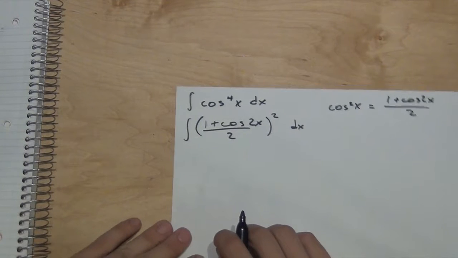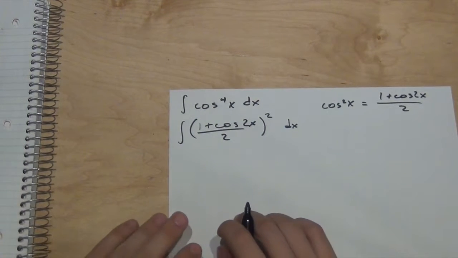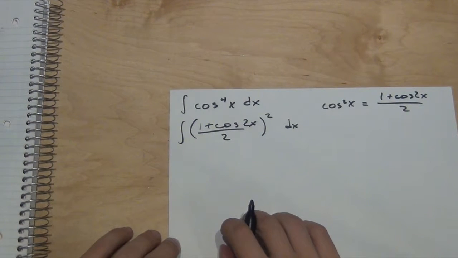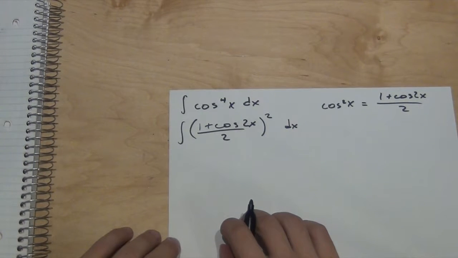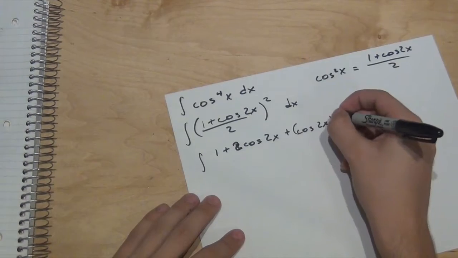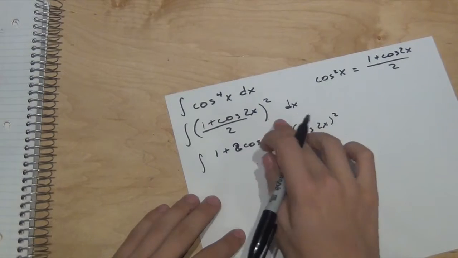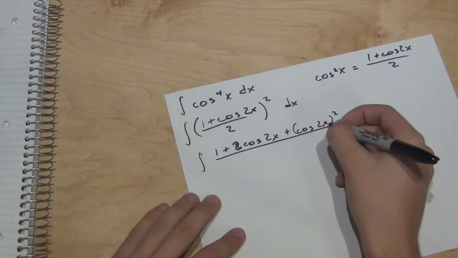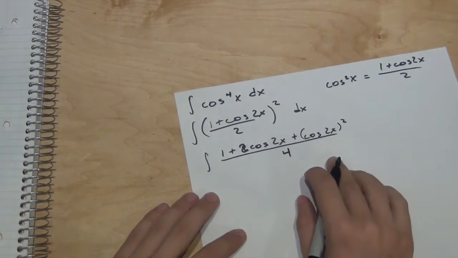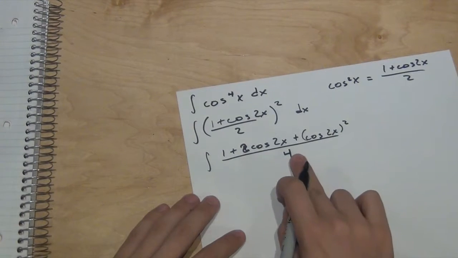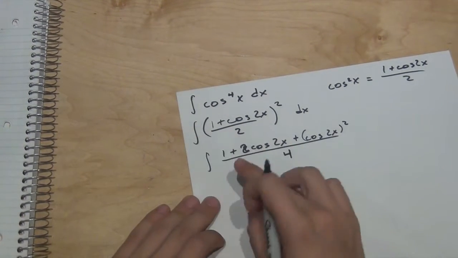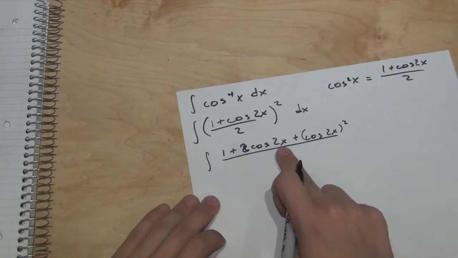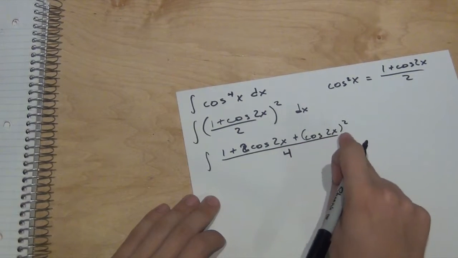Alright, so what I want to do right now is simplify this expression to a point where I can once again use my identities, right? So basically I just FOILed the top, and that's all over 4 because 2 squared is equal to 4. Now I'm going to take this 1/4 out, and I'm going to be left with 1 plus 2 cosine of 2x plus cosine squared of 2x.